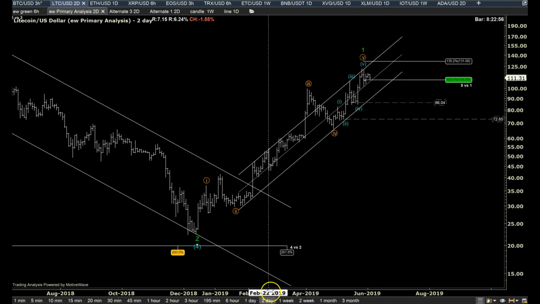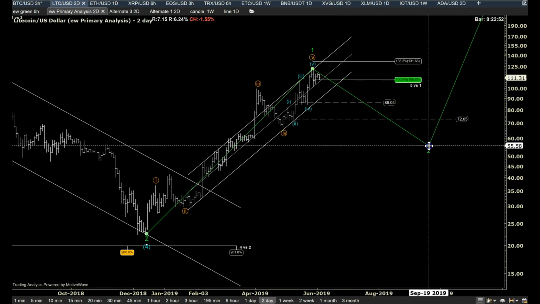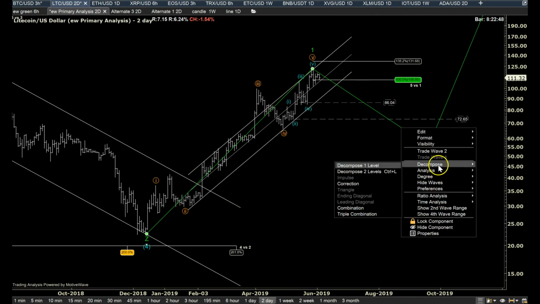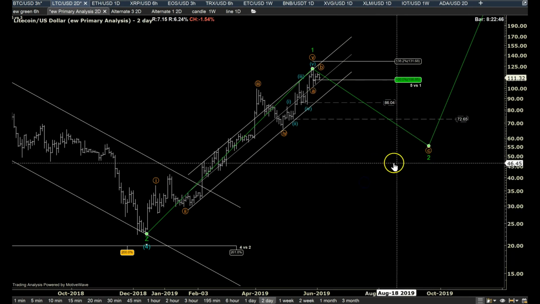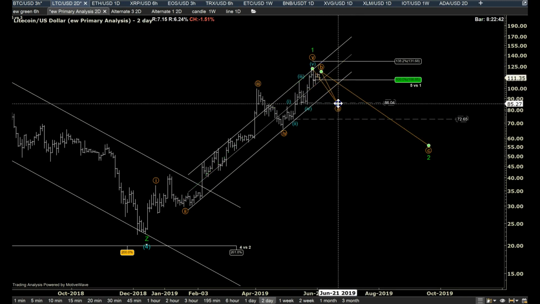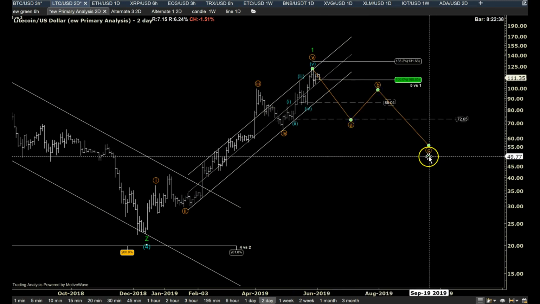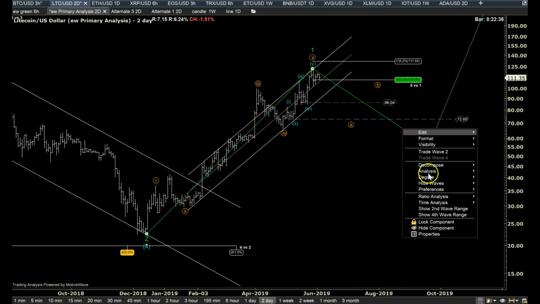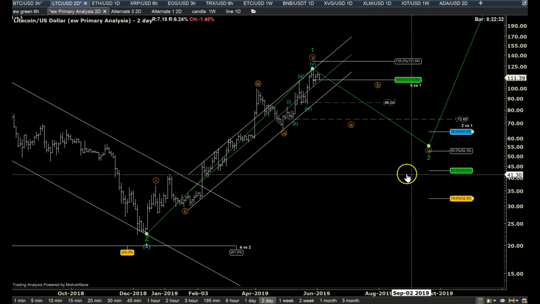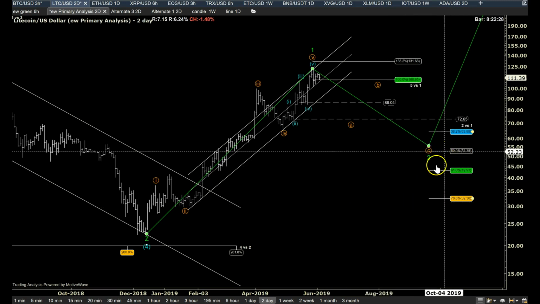And now we are expecting a pullback in wave 2, which, if I decompose this as a correction, should have a wave A, a wave B, and a wave C. And if I put some ratios, like I said, wave 2 should pull back anywhere between 50 and 61.8%.